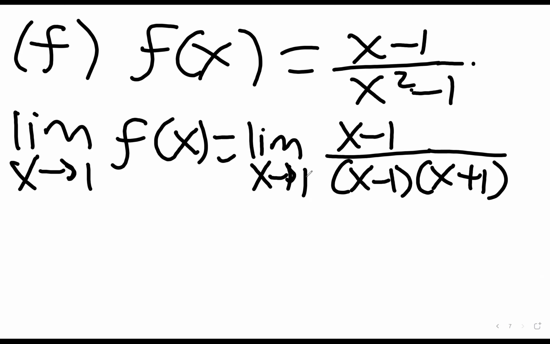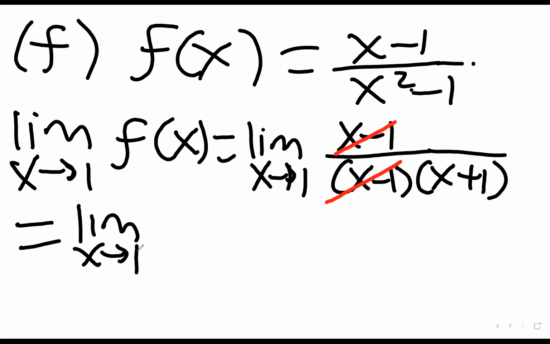Since x is approaching 1, x is not equal to 1, so x minus 1 is non-zero. Then I can divide x minus 1 by x minus 1, giving the limit as x tends to 1 of 1 over x plus 1.